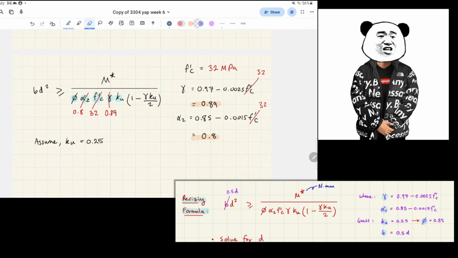What does that mean regarding phi, the capacity reduction factor? 0.85. So because we want to design a ductile section, not a brittle section, we take the ductility constant to be 0.25 and the reduction factor to be 0.85.